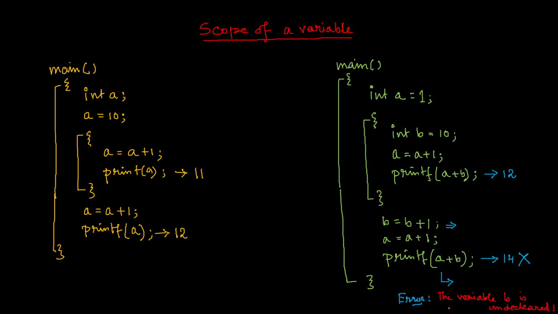Variable b is undeclared. Why? I have already declared this variable b. So why is the program showing this as undeclared? The reason is the scope. So let's now come to the point: what is the scope of a variable?